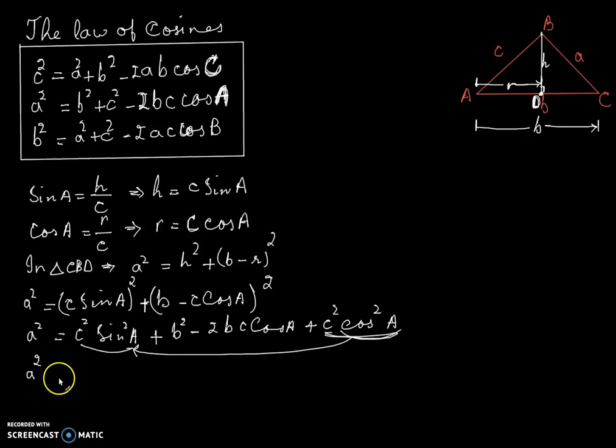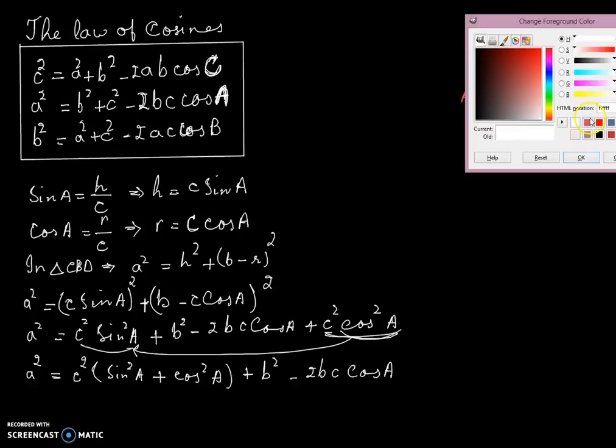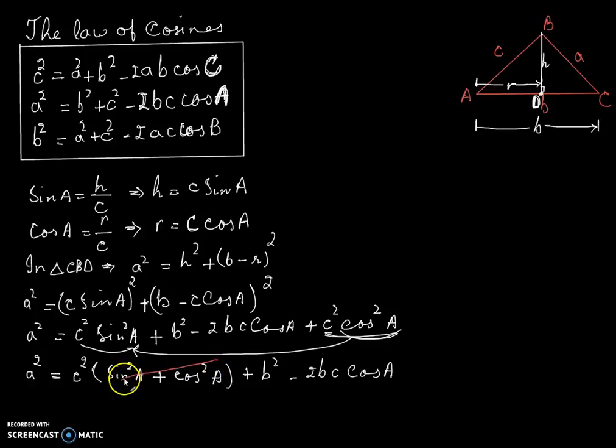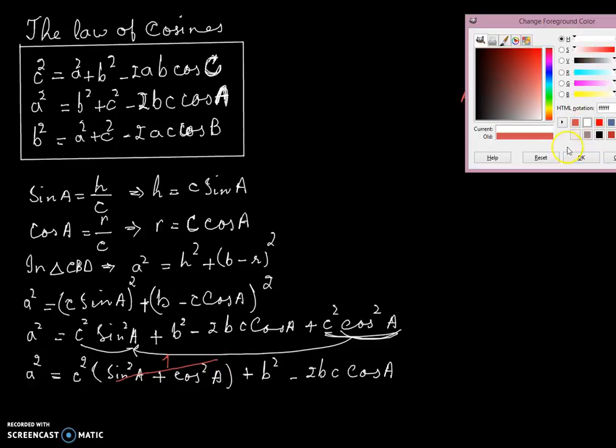You can write A squared is equal to C squared times sine squared A plus cos squared A, plus B squared minus 2BC cos A. But you know that this whole thing is already 1.